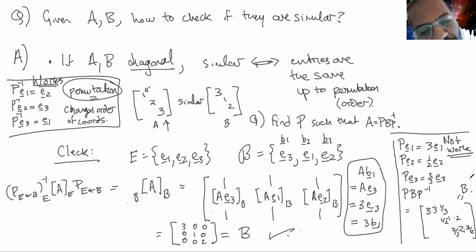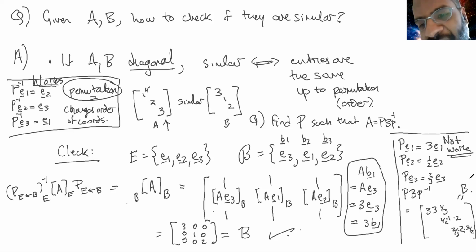Because if I look at A and B, right, then I'm asking, well, I want to find a change of basis so that B is the matrix of A in that new basis, right? That's what similarity means. And I can tell that B is pretty much doing the same thing as A. It's just stretching one coordinate by 3, stretching 1 by 1, and stretching 1 by 2. The only thing is it changed the order, right?